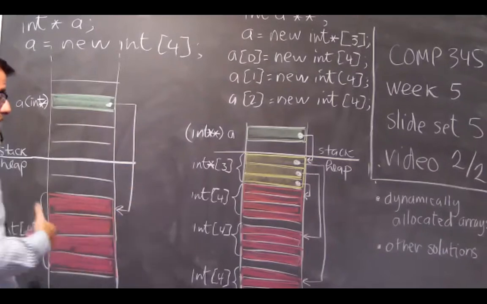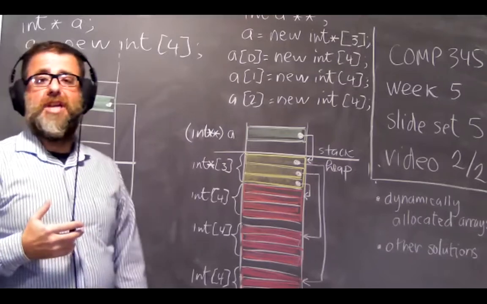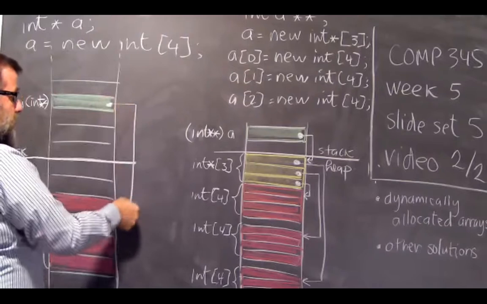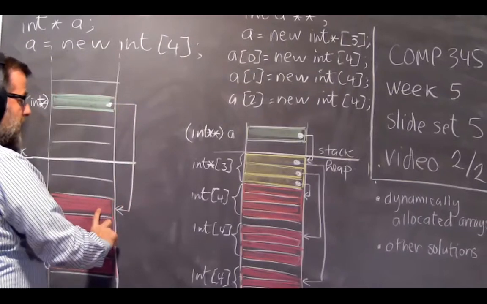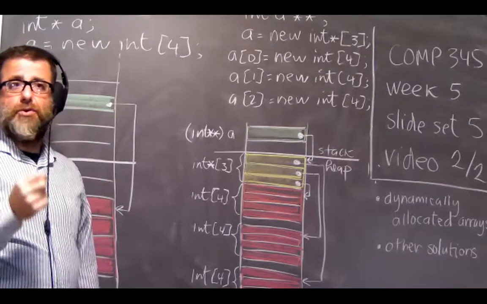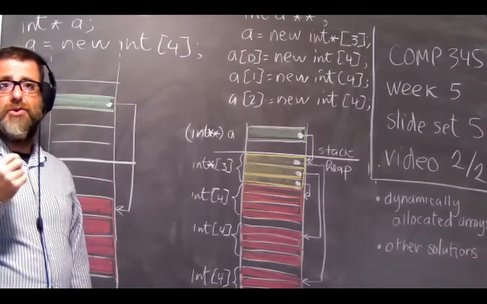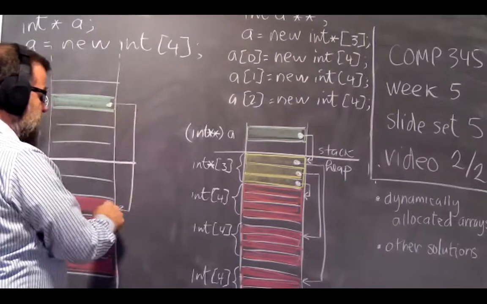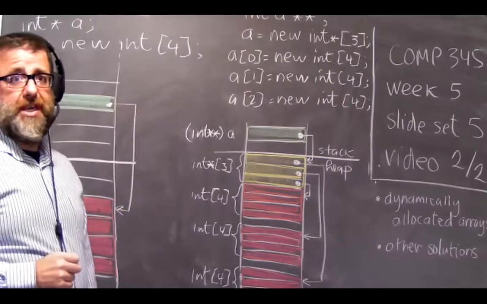So I repeat this concept of a memory leak. A memory leak happens when you have a pointer to something that resides on the heap, and at some point in time you lose the last pointer that you have pointing to this thing that you have reserved on the heap.